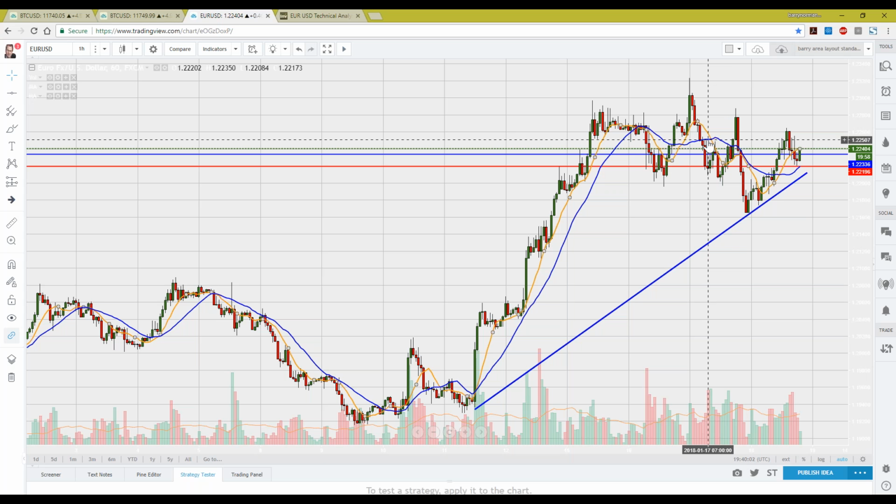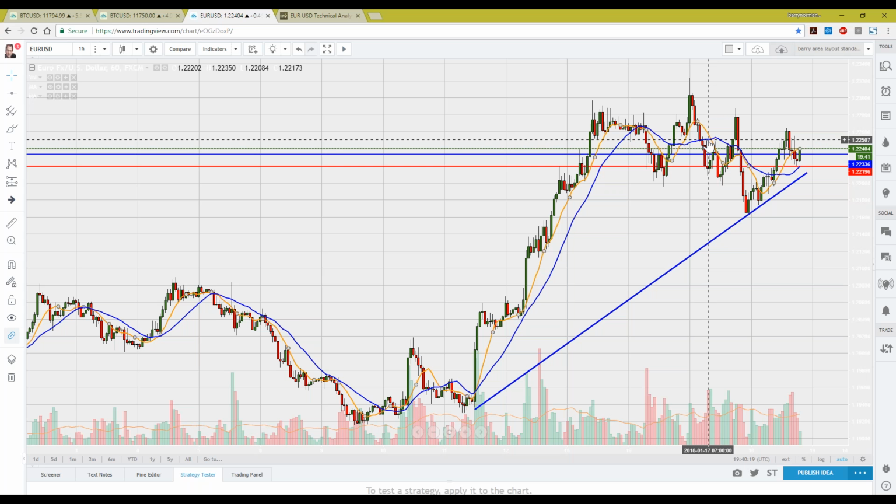Why? Because it's using a longer period of time. So it is less responsive to the most current price movements, where the shorter moving average is more responsive to the most current price movement.